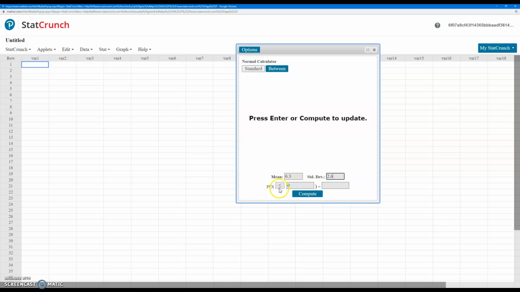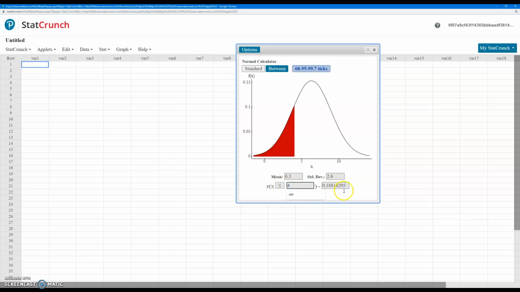Make sure that your inequality is oriented the right way. They want the probability that it's less than 4. And then that gives you the probability, about 19%, or 0.188, that an individual will have a score that's less than 4.